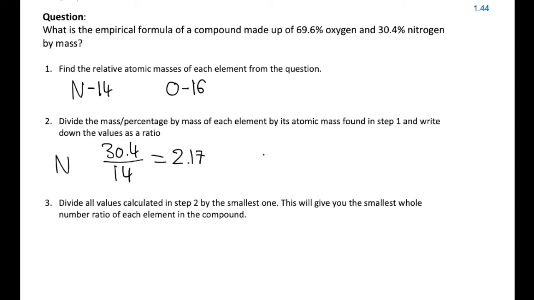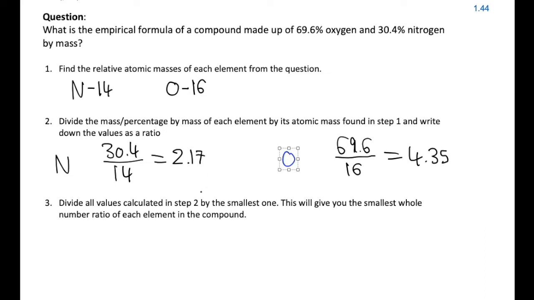We do the same for oxygen. 69.6 divided by 16, and we get this number here. I've rounded these values to 2 decimal places just to make it a bit easier, and we write these values as a ratio, as it says in the step.